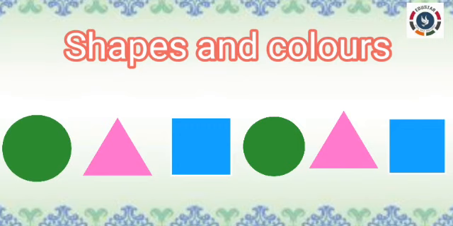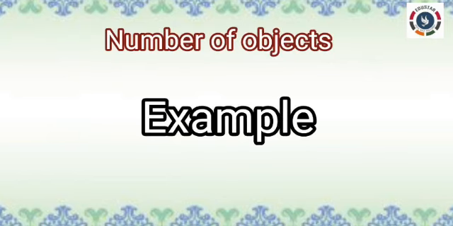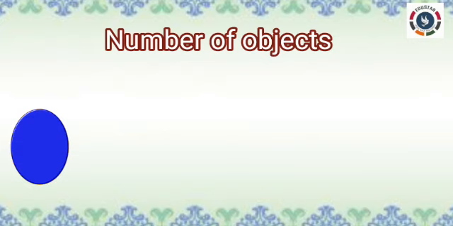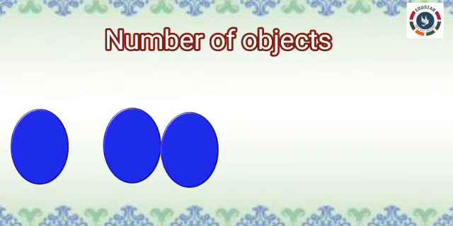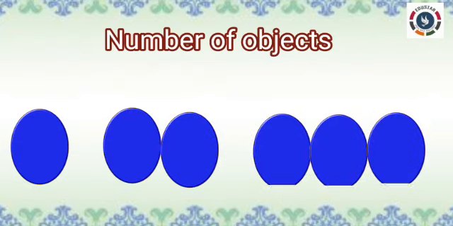Patterns can also be made by changing the number of objects. For example, first only one oval shape, then two oval shapes, then three oval shapes. This leads to an increasing number of the same shapes. Patterns can also be made by turning objects.